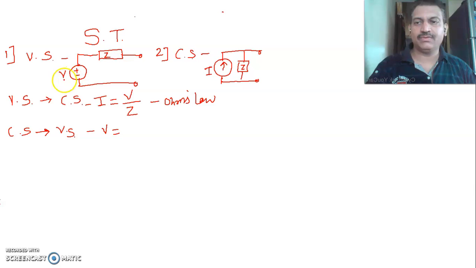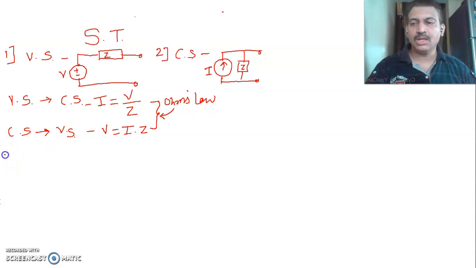Now we have to find the value of voltage from the current source, which consists of I and Z. So it gives you I into Z. Again, the law used to get the value of voltage V while doing this current source to voltage source conversion is V is equal to I into Z. So in both the cases Ohm's law is used. The only thing is we have to decide whether we have to convert voltage to current or current to voltage source, and accordingly find the unknown parameter.